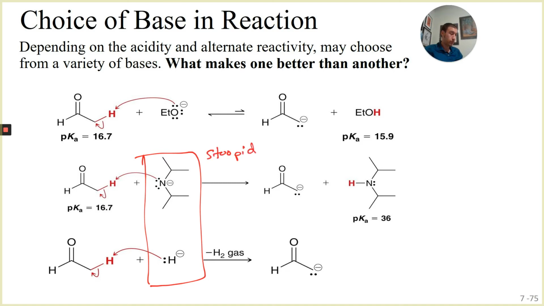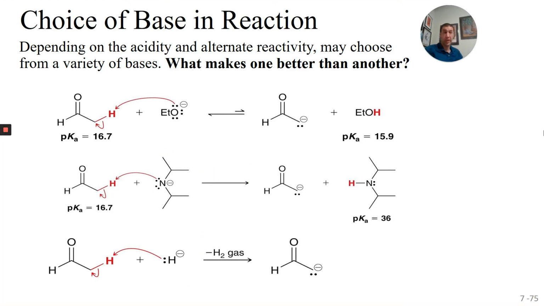And this is where, yes, the spelling is intentional. I've referenced these as stupid strong. Okay, and we'll see that pop up again and again and again because it really does change the reactivity of what we're looking at. And so those are stupid strong bases. Because they're stupid strong, certain things change about the chemistry in predicting. Okay, so that's what we need to be aware of when looking at these.